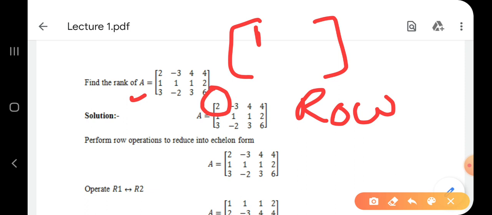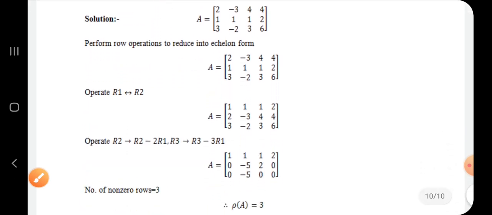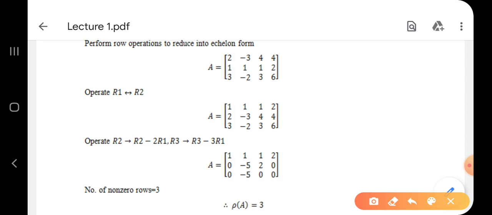If you see carefully, below I have 1 in the second row. So I interchange the first and second rows. My operation is R1 interchange R2, so that the first position is 1. Now the matrix is 1, 1, 1, 2; then 2, minus 3, 4, 4; then 3, minus 2, 3, 6.